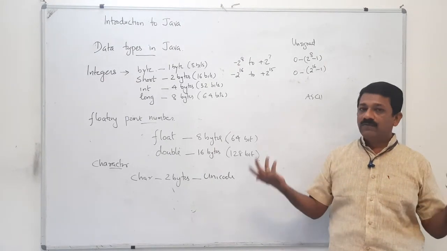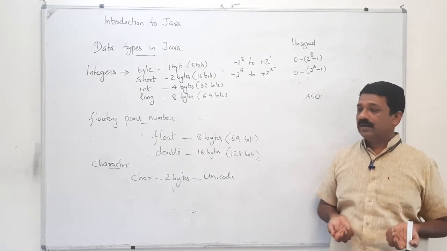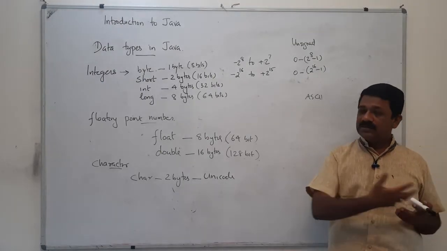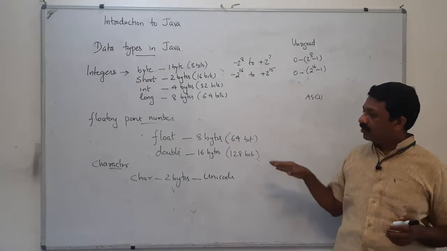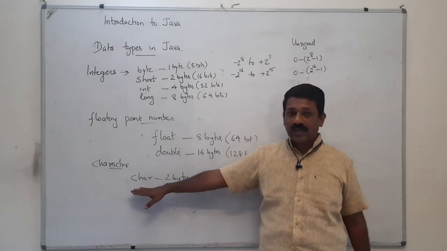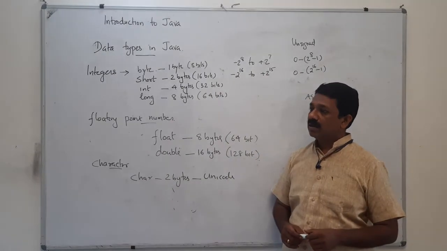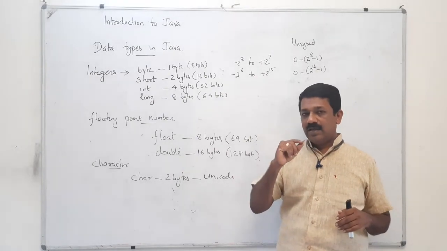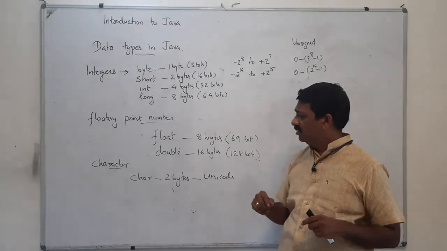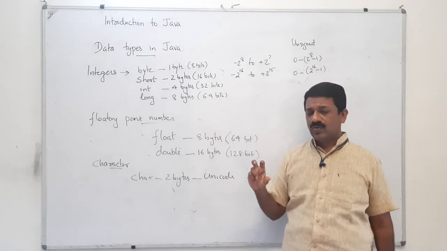In the world there are numerous languages, more than 1,000 or 10,000 languages, and for each language there is a script, and those scripts are encoded using characters. For example, in Malayalam we have 56 letters and a number of other characters also.